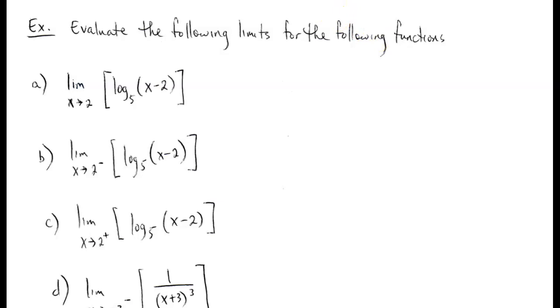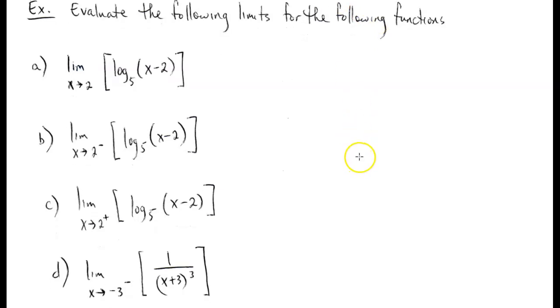So let's look at the first 3 examples here, since they're all the same function. And notice here, this is just a log base 5 function that's been shifted over 2 units to the right. So if I was to draw a graph of that, a vertical asymptote here at x equals 2.